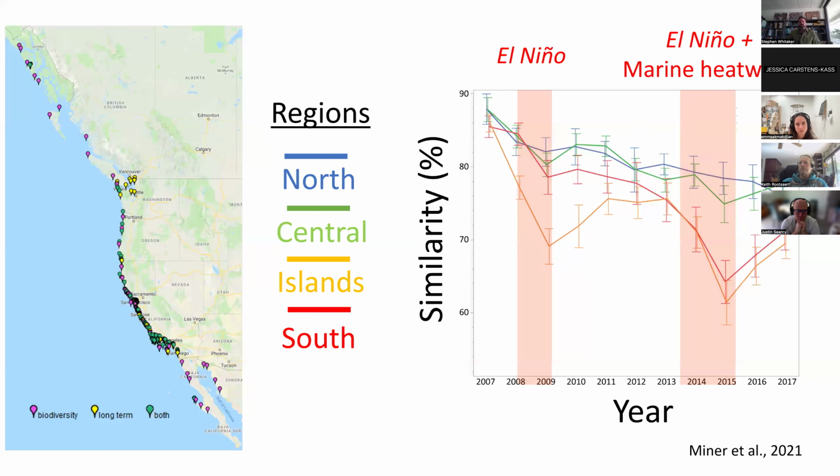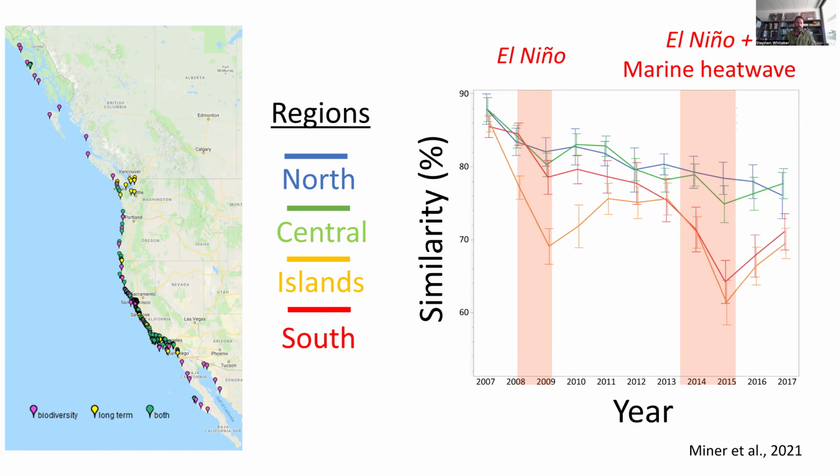And so, with community shift in mind, in 2021, we did an analysis that took Rocky intertidal biological community data from 74 sites along the entire west coast of North America, from Washington State down to San Diego.